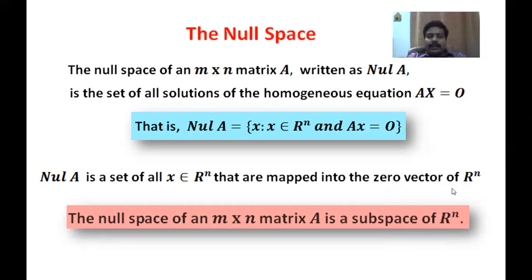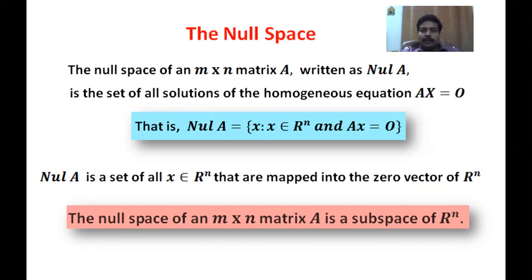And we have already seen that the null space of an m by n matrix A is a subspace of Rn. So these are the things we need to remember about the null space of a matrix A.